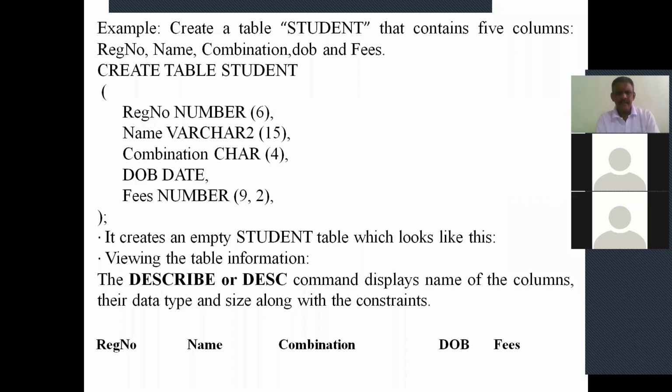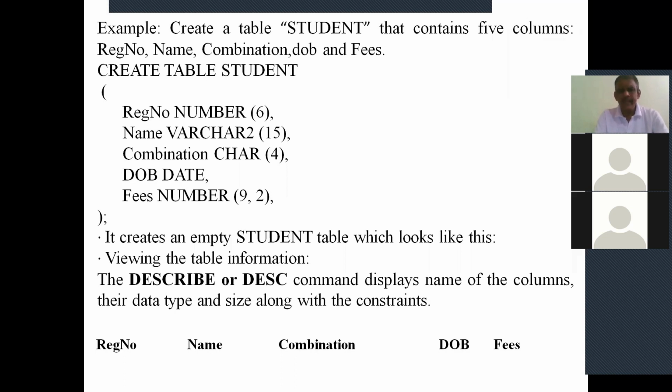The length is fixed. That's why no need to mention any size for dates. Then comma, last column name, fees. Fees is again a numeric value, number, but it is an amount. So we are using a real number format. That is number of 9,2, close parenthesis, semicolon. 9,2 means the maximum number of digits is 9 here. 9 spaces are reserved.